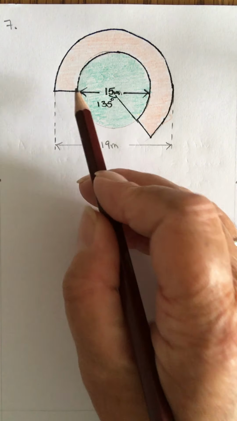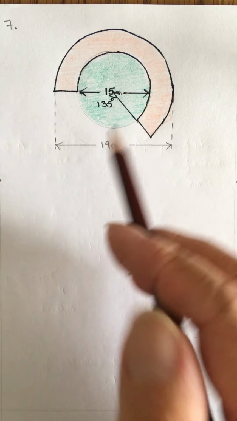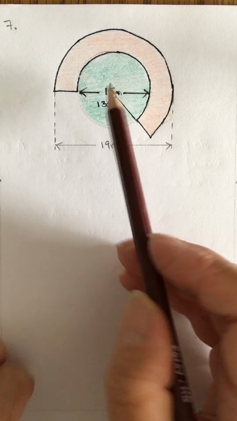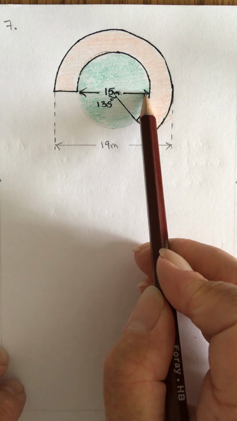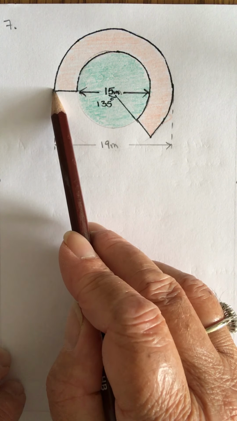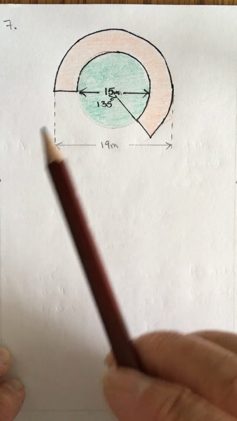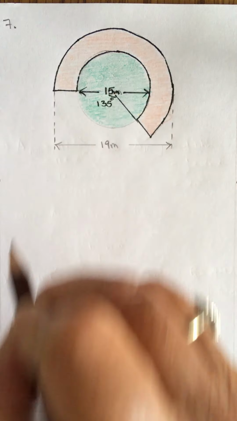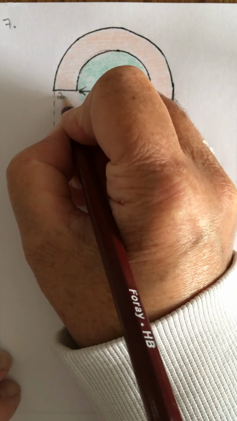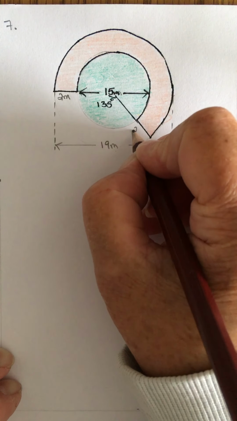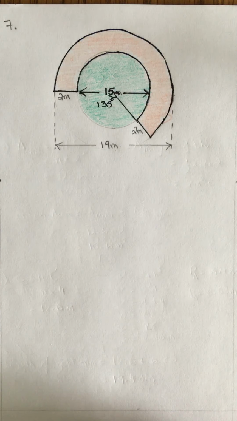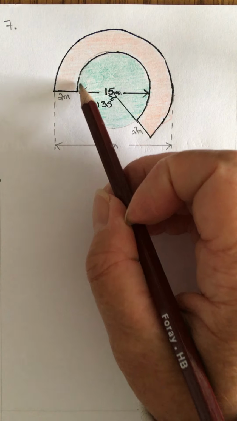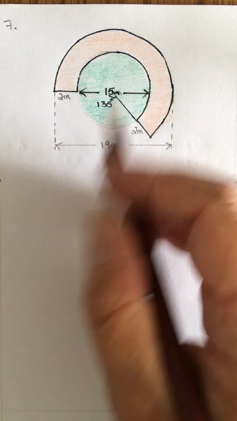This wee bit here and this wee bit here is made up of the difference between the diameters of the two circles. The wee circle goes 15 to 15, the big circle goes 19 to 19, so the difference between those is 4 metres. If you split that in two, you've got 2 metres here and 2 metres here. Okay, so we need to find the length of the arc of the smaller circle here.